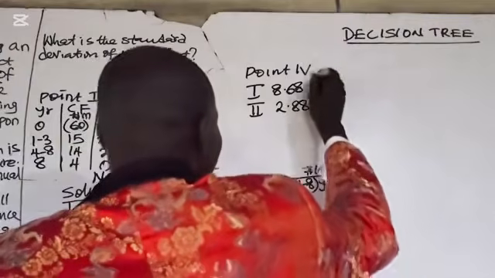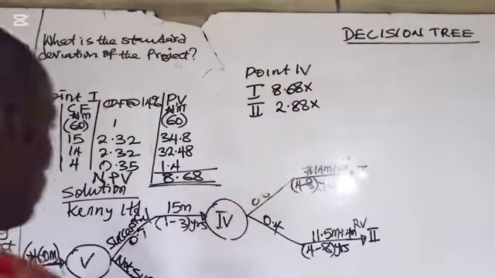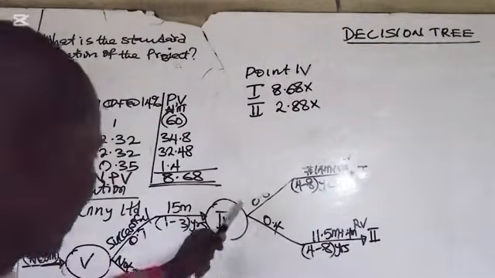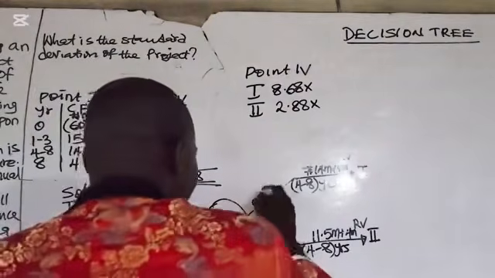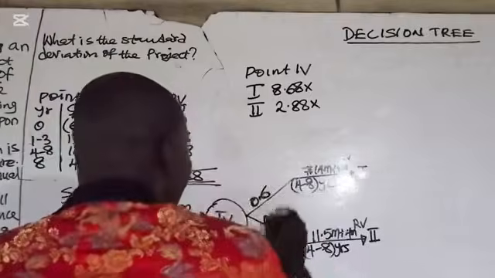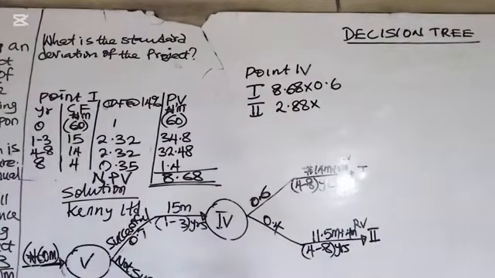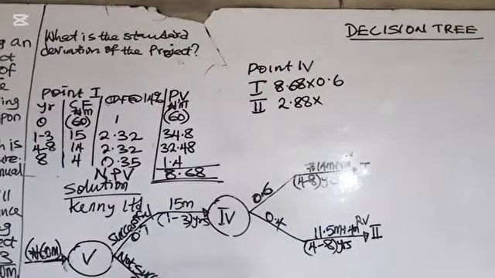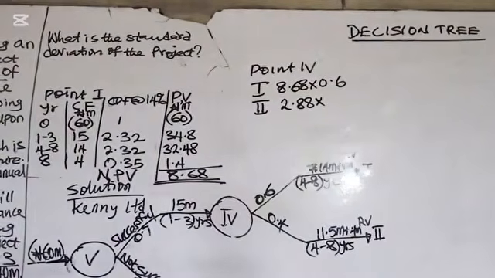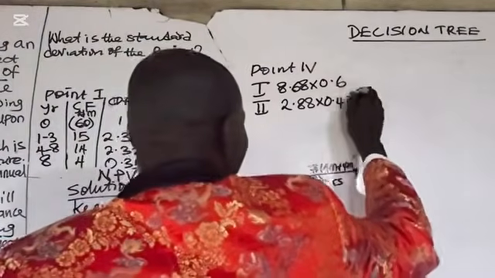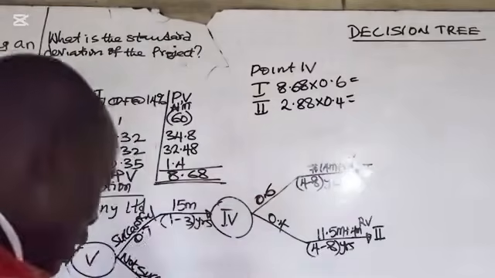From 1 to 4, the probability here is 0.6. And from 2 to 4, we have the probability of 0.4.